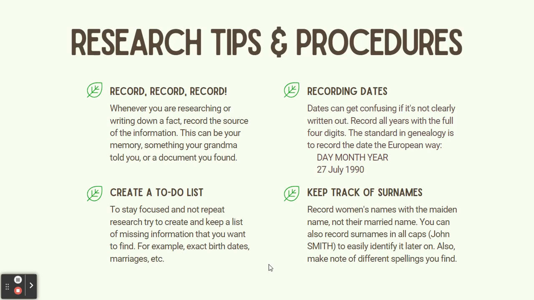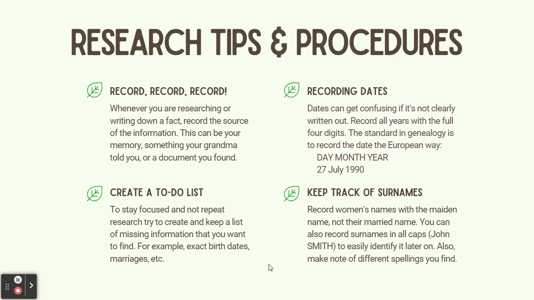Well, in genealogy, we're going back into the past. So that could be 1989 or 1889. So to avoid that confusion, you want to record the full 4 digits of the year. And then you also want to record it in the European way. So it'll be the day, the month, and then the year. And that's just the standard used in genealogy.